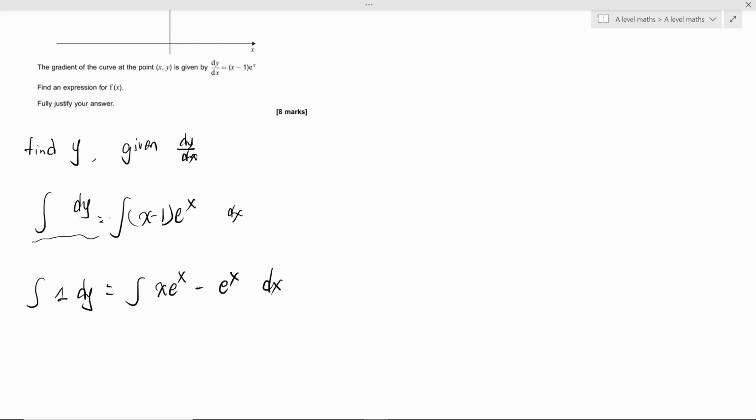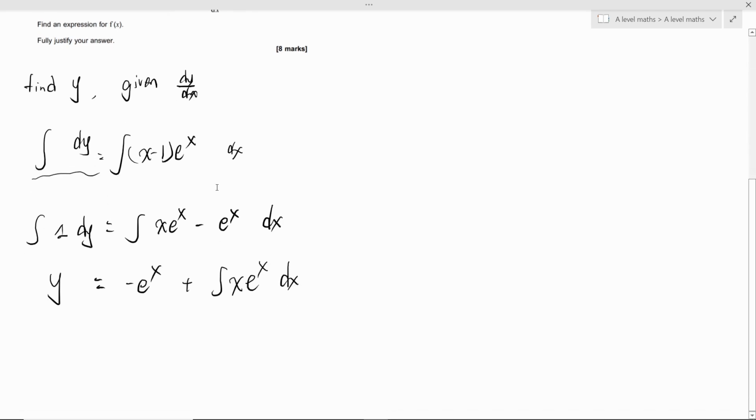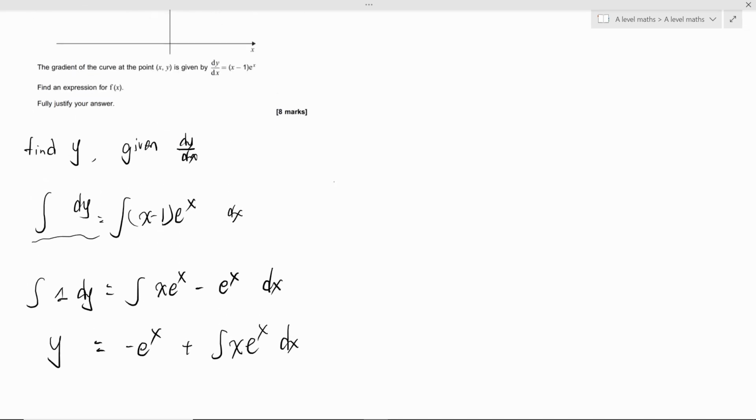We know that the integration of 1 is basically y, and for minus e to the x, we know it comes from differentiating minus e to the x. But for the integral of x e to the x dx, that's slightly trickier. We shall use integration by parts, because we have a product of two separate functions.